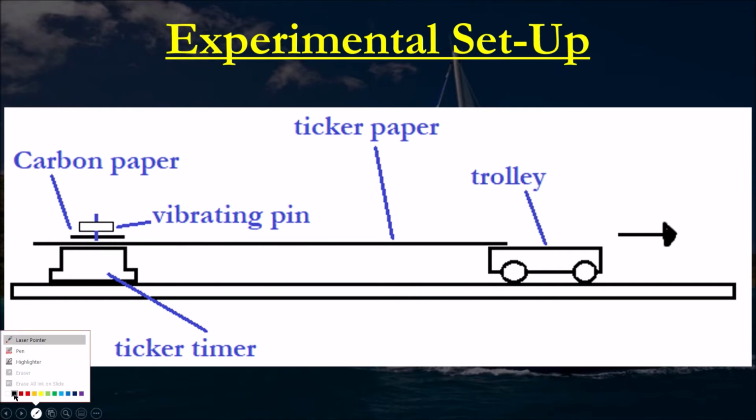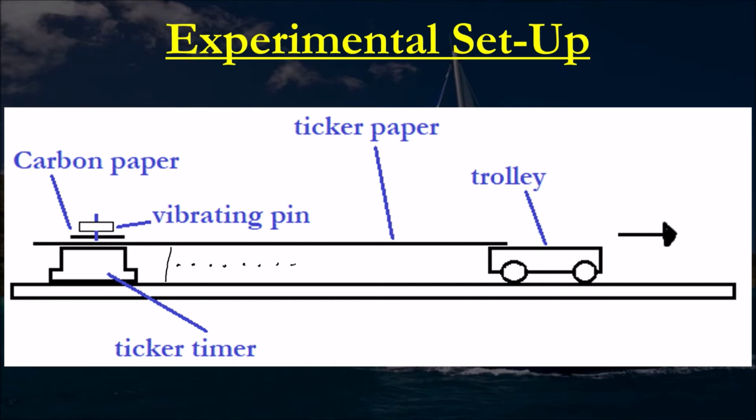Okay? So on the ticker tape, you'll see little dots form as you go past it, like this. Okay? This is an example of constant velocity because the spacings are relatively similar to each other.